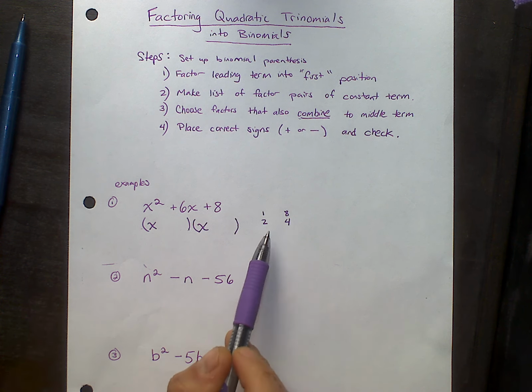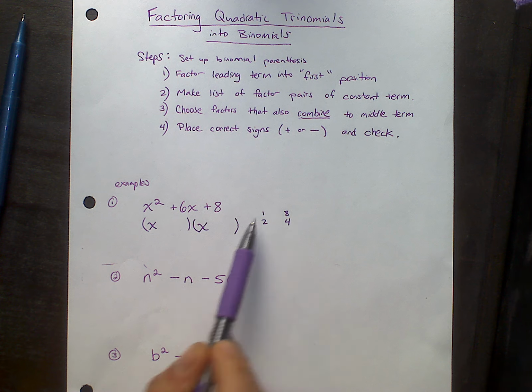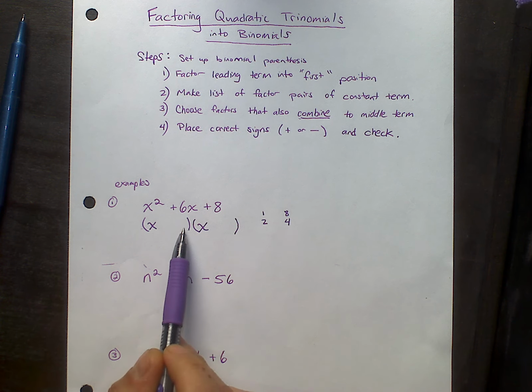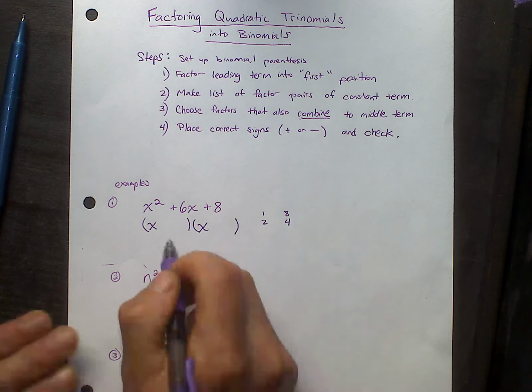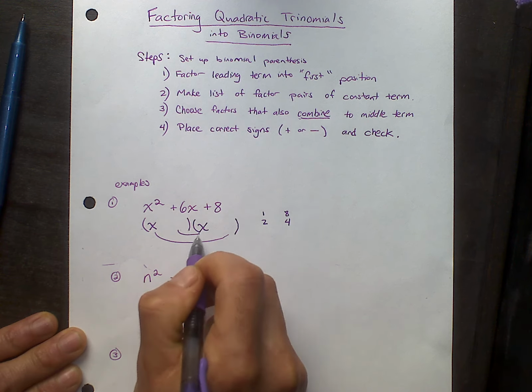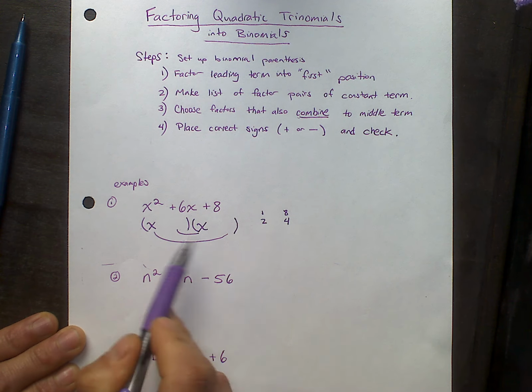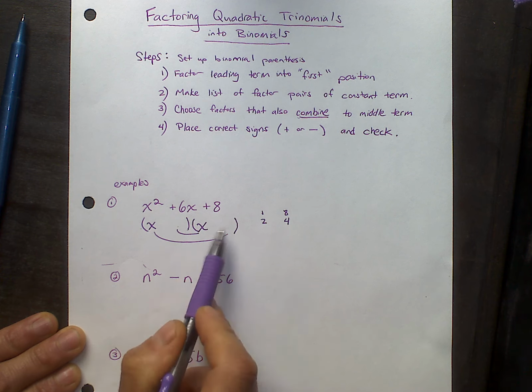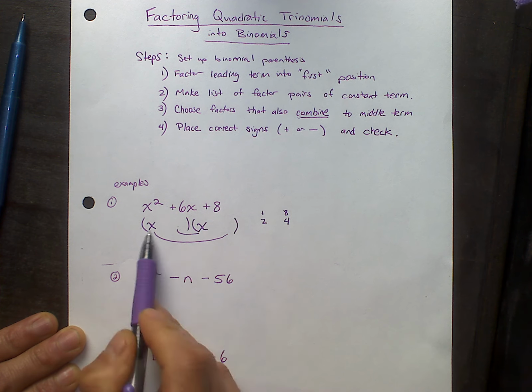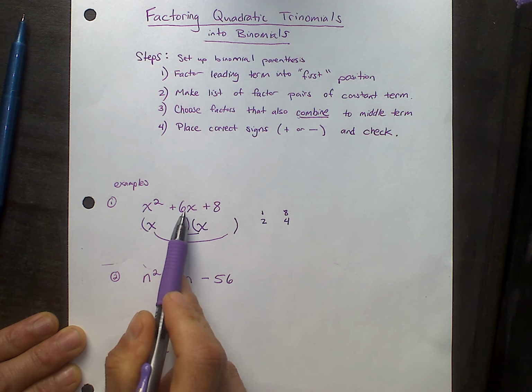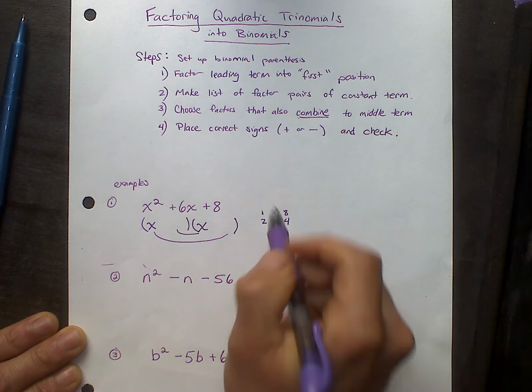Okay. Next, we're going to place these. We're going to basically guess and check, and I need to check to see if my inside and outside products will combine to the 6. Okay. 1 and 8. If I place 1 and 8 in there, 1x and 8x will not combine either by adding or subtracting to 6x.